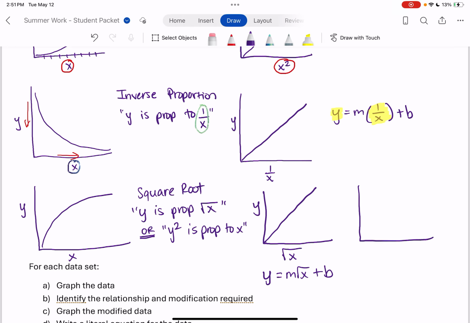Or, because we also have this second statement here, we could graph y squared on the y-axis and x on the x-axis. And that would still be linear, and we would write a function that would be y squared equals mx plus b. Notice that whatever you change is how you write your equation.